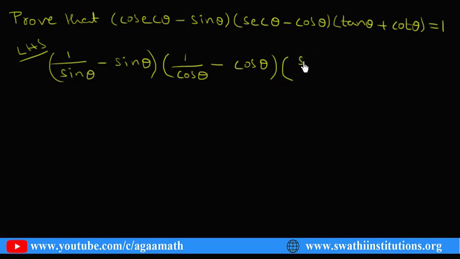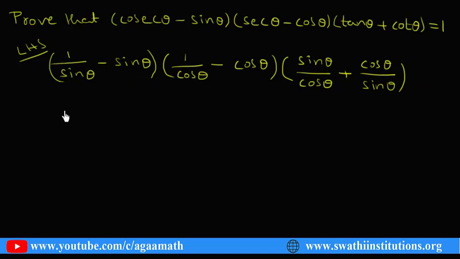Tan theta can be written in terms of sin theta and cos theta, that is sin theta by cos theta, plus cot theta, which is cos theta by sin theta, equals to, we have to prove that it is equal to 1. So this is the LHS.